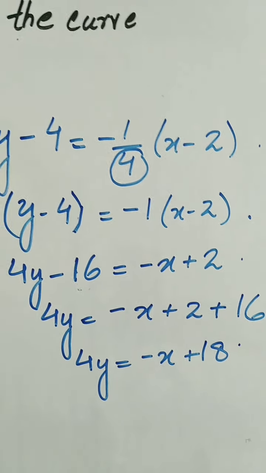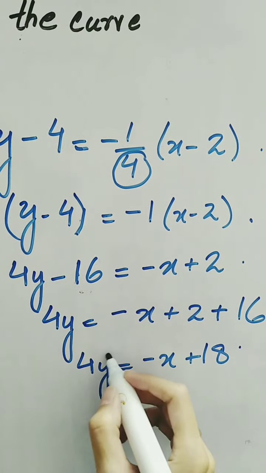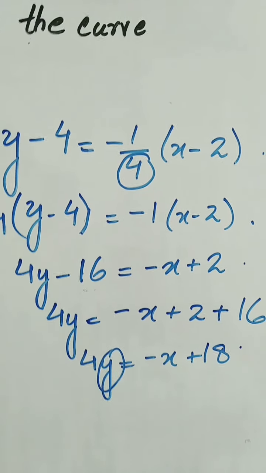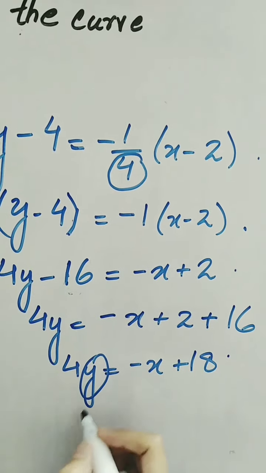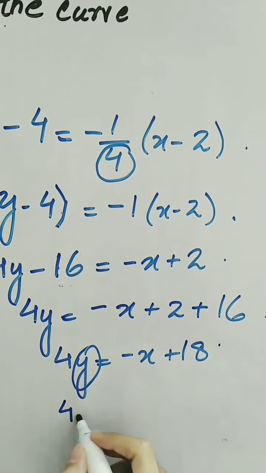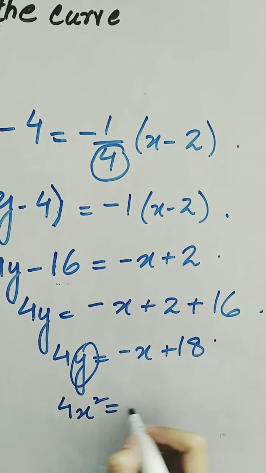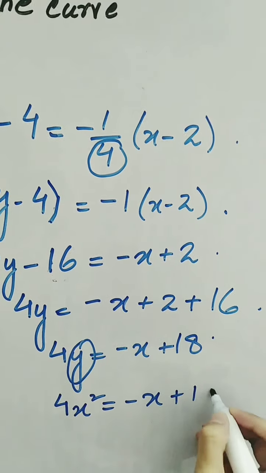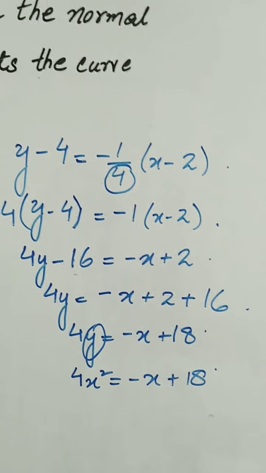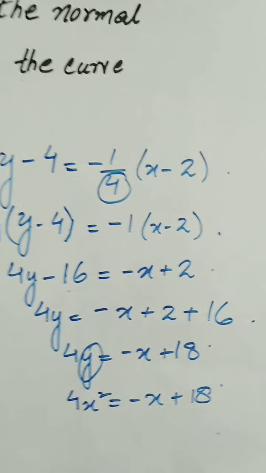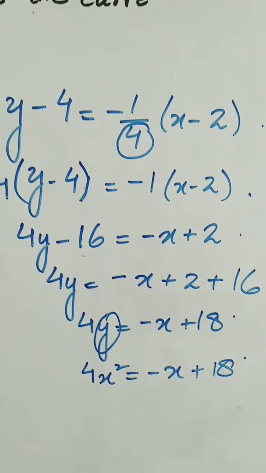But we know that the value of y is given as x square, as the equation is y is equal to x square. So by putting it in 4y is equal to minus x plus 18, we are going to do that because we need another set of points which are cutting the curve again.